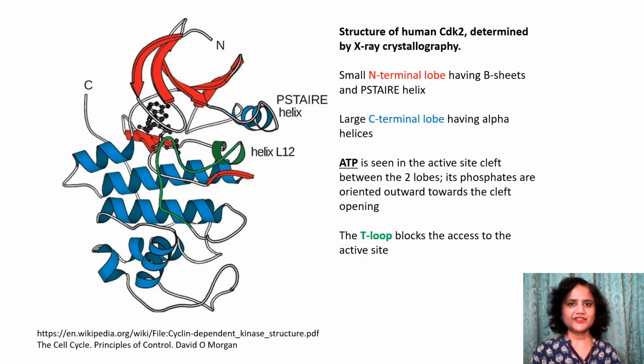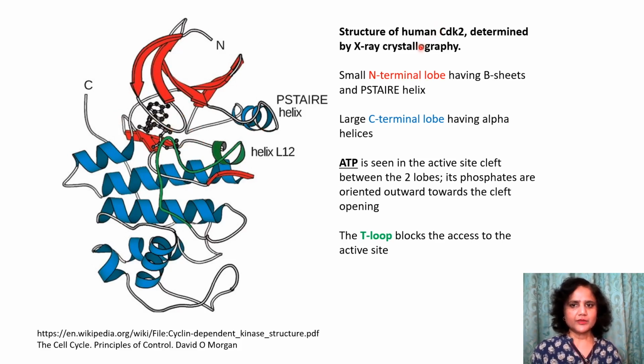Shown here is the structure of human CDK2 determined by X-ray crystallography. This protein has two lobes, the N-terminal smaller lobe in red and the C-terminal larger lobe, which is shown in blue, and there is the active site in between, in this cleft over here, with the ATP bound.